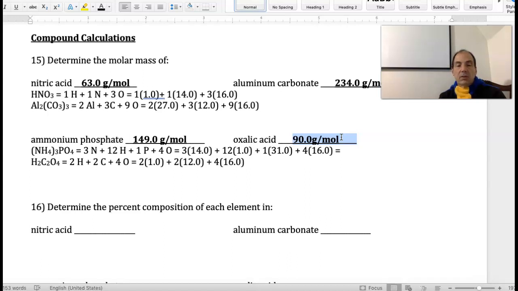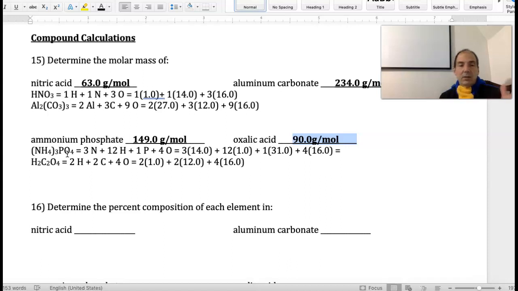And now I'm talking about something called percent composition. Composition means what something is made of, okay? So when we talk about the composition of a compound, for example, nitric acid, we're saying it's composed of hydrogen, nitrogen, oxygen. But percent composition is implying how much of it. But it's not percent in terms of how many atoms.